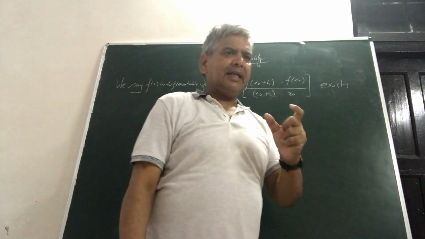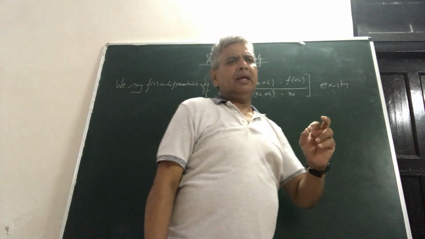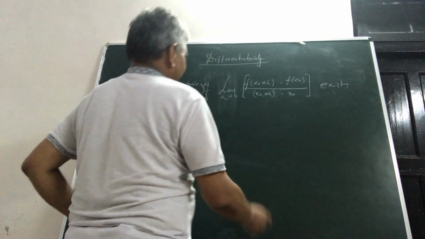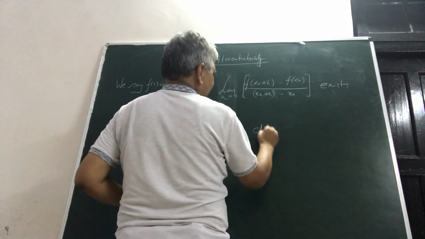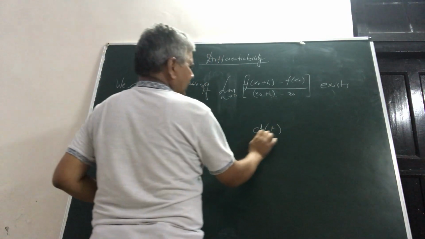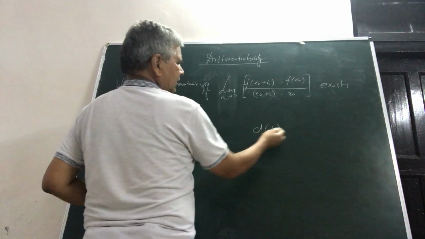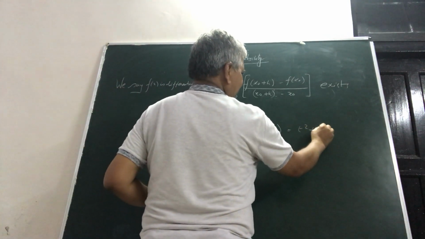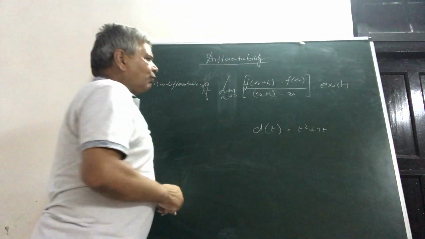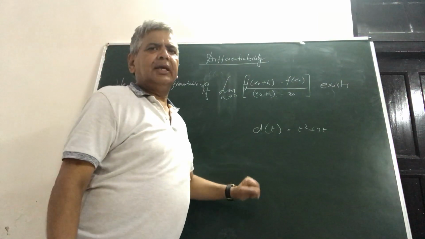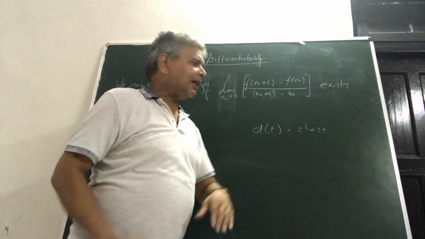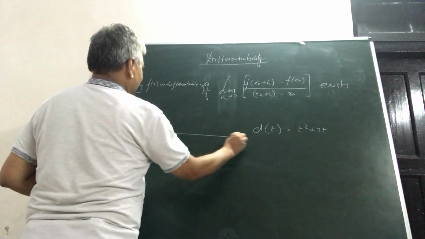So suppose I give you the distance function, s of t, say t square plus 3t. What is this distance function giving me? It is linear motion.